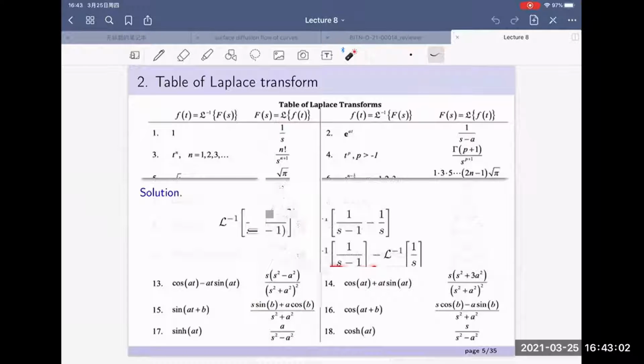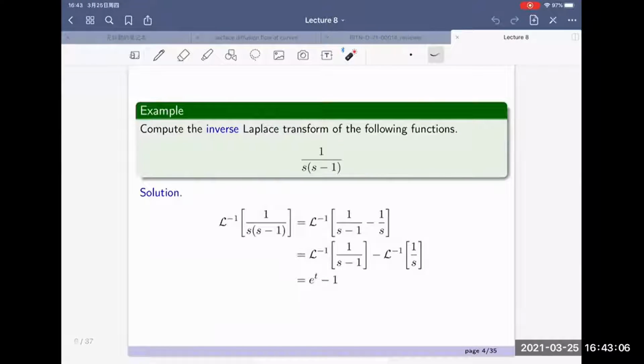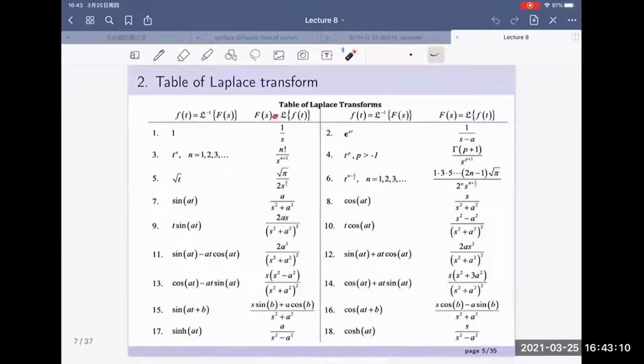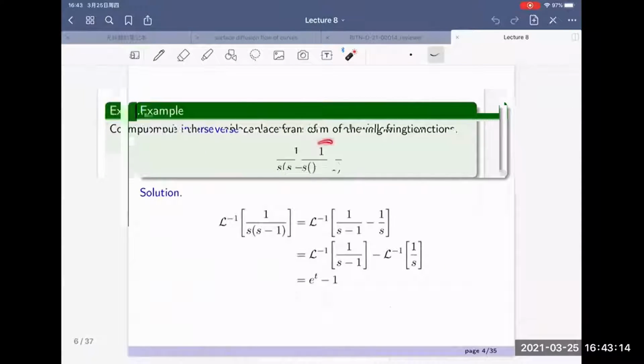So in this question, originally we are given this function, but this function doesn't appear on the table. You cannot find that function here. Okay? It's not on the table, but you can simplify this function into simpler functions that you can find on the table.